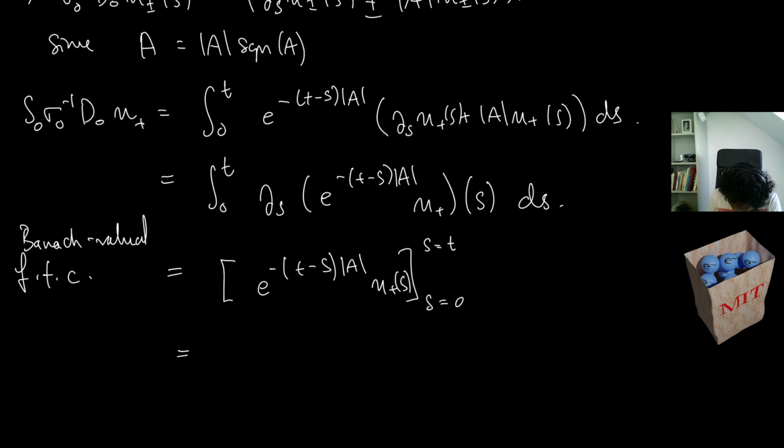So this is going to be u plus at t minus e to the minus t modulus a u plus at 0. Okay, good.